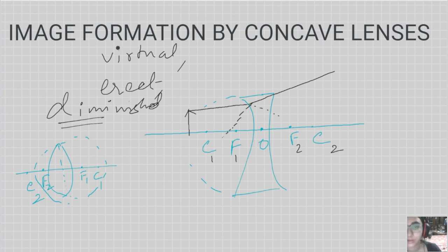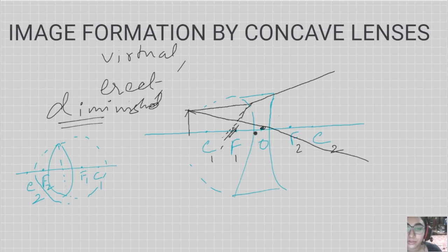Just make it meet the focus, even though it's not looking like that in the diagram. A parallel ray will obviously pass through the focus, so make sure that you pass it through the focus. And the second one will obviously go through the optical center.